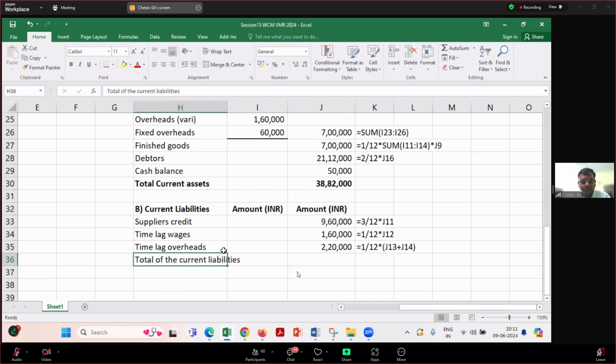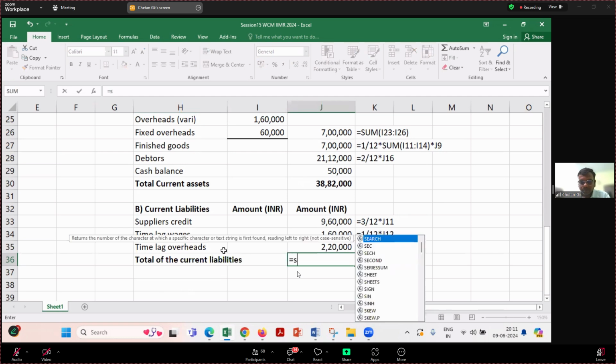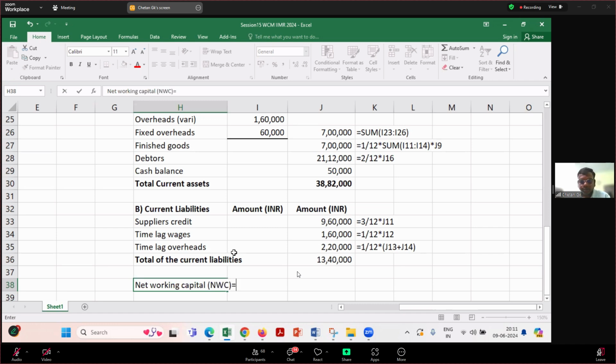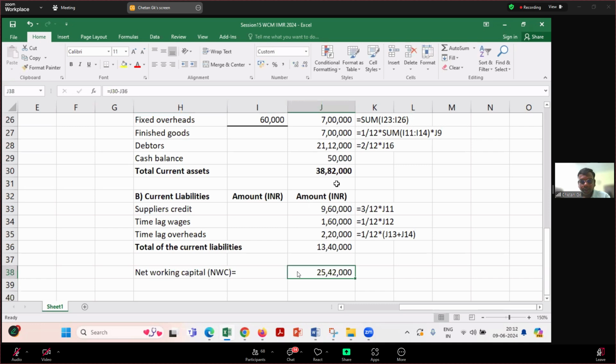Total of the current liabilities is. Okay, so now you can write it as net working capital. Net working capital is also called NWC in short. That is the excess of current assets over current liabilities.